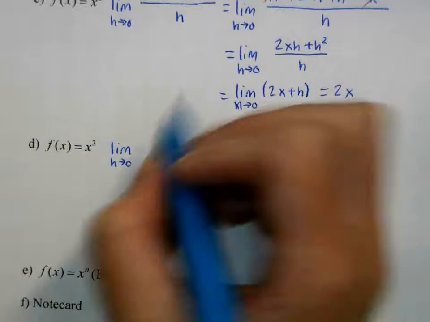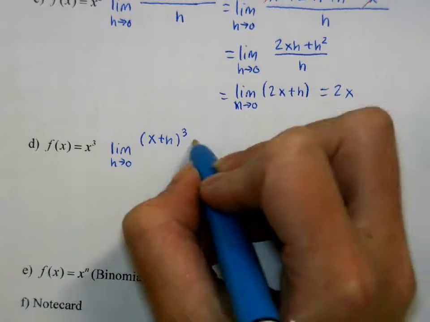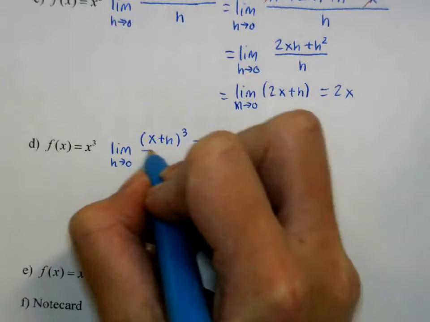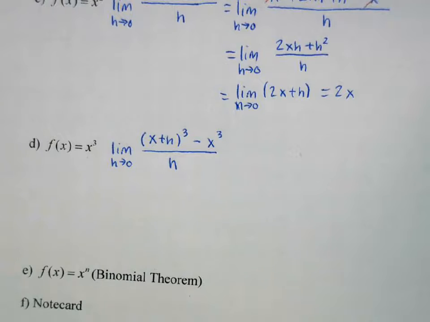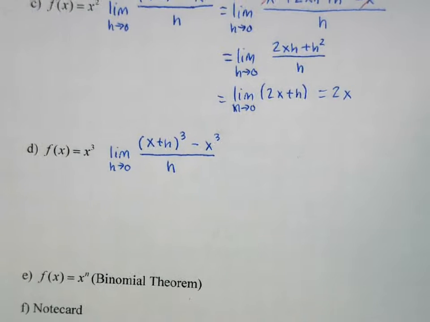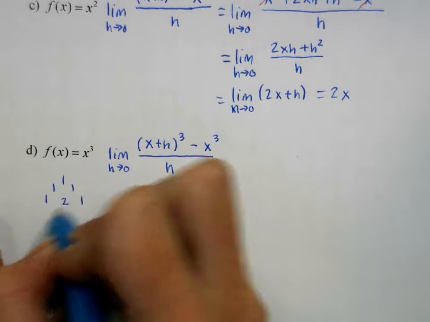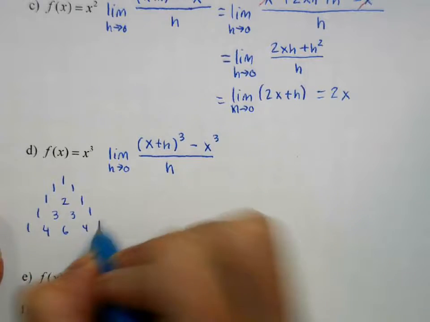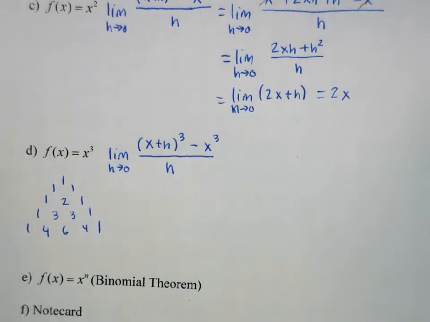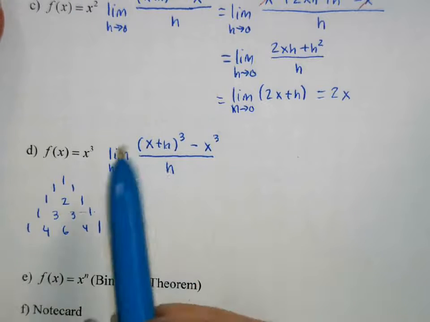So we're going to have x plus h cubed minus x cubed over h. Well, how do we expand a cubic? Remember that we use the binomial theorem. Remember we use Pascal's triangle, so 1, 1, 1, 1, 2, 1, 1, 3, 3, 1, 1, 4, 6, 4, 1, generated by adding the rows above it. So we take the coefficients from here, we do the first thing in descending powers and the second thing in ascending powers.